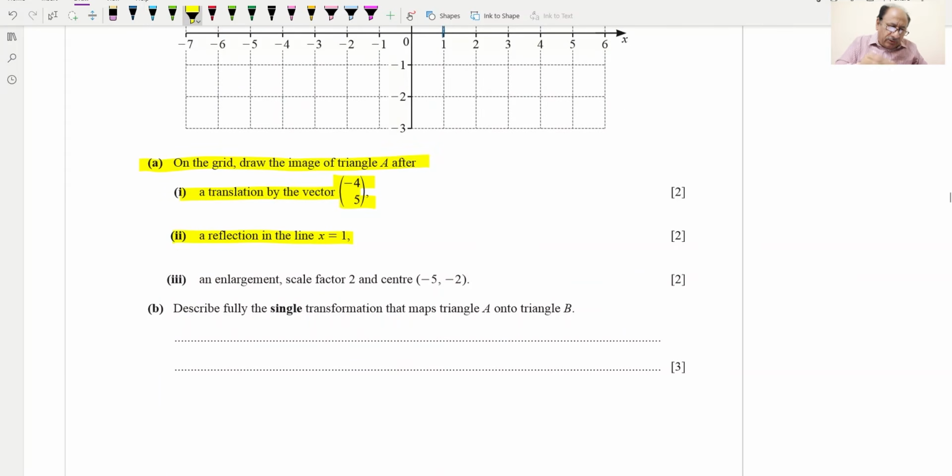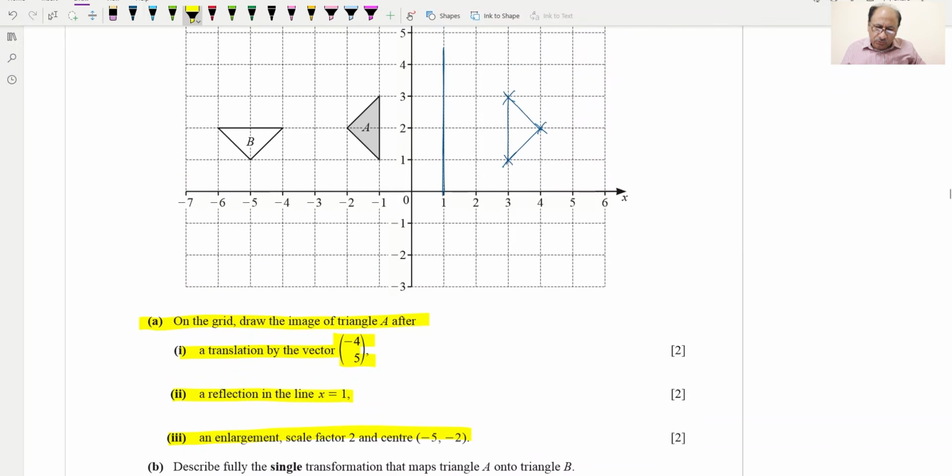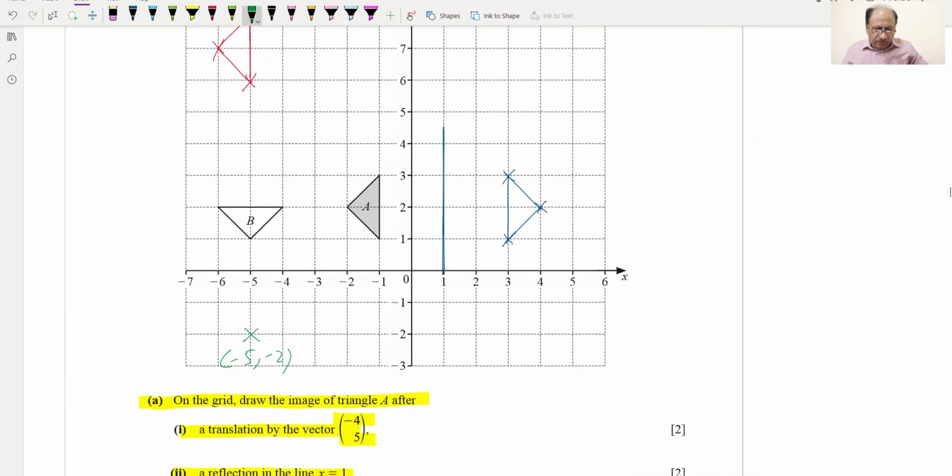Then third part, an enlargement scale factor 2, and center of enlargement is -5 and -2. This is the point -5 and -2, so this is our center of enlargement, and we have to enlarge A by scale factor 2.